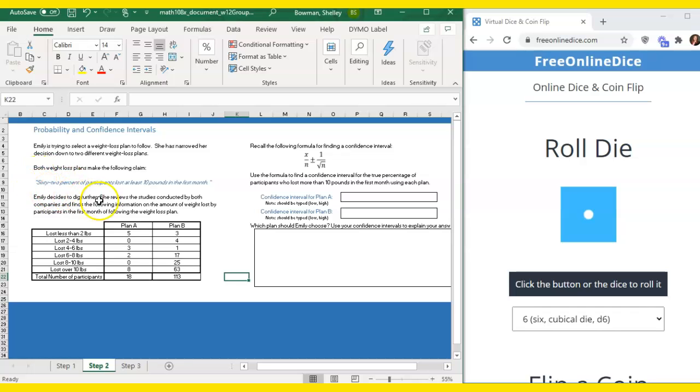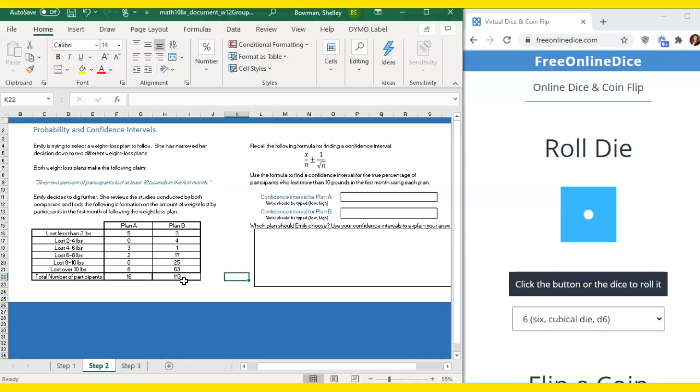They gave us 62% of this sample size right here, plans A and B. We had a sample size of 18 and a sample size of 113. And we want to know which of these plans is going to be the best option for Emily.